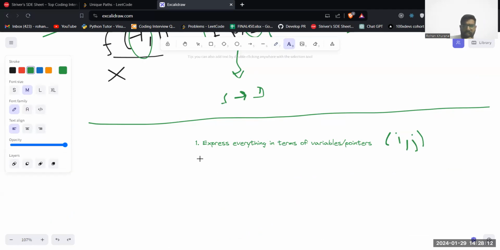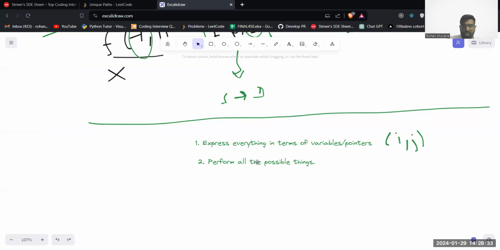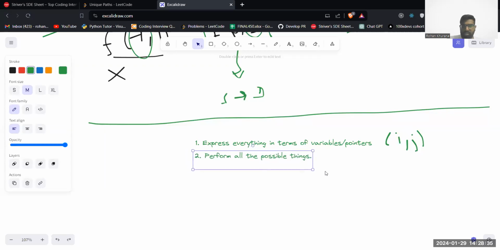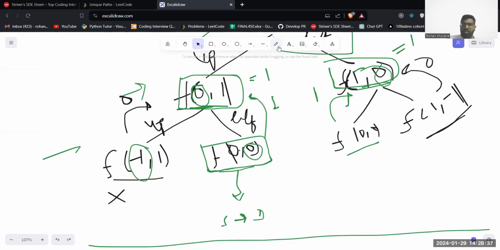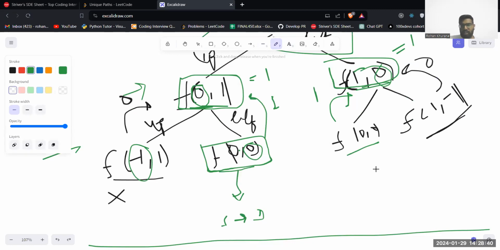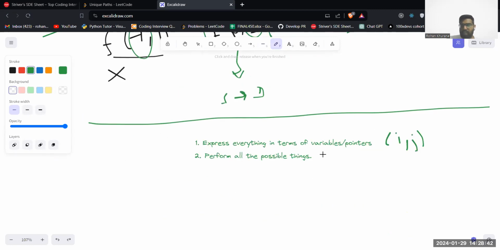Great. Now the second thing: perform all the possible things. I think this is self-explanatory. What does this mean? You need to understand what all the possible things were at any point.